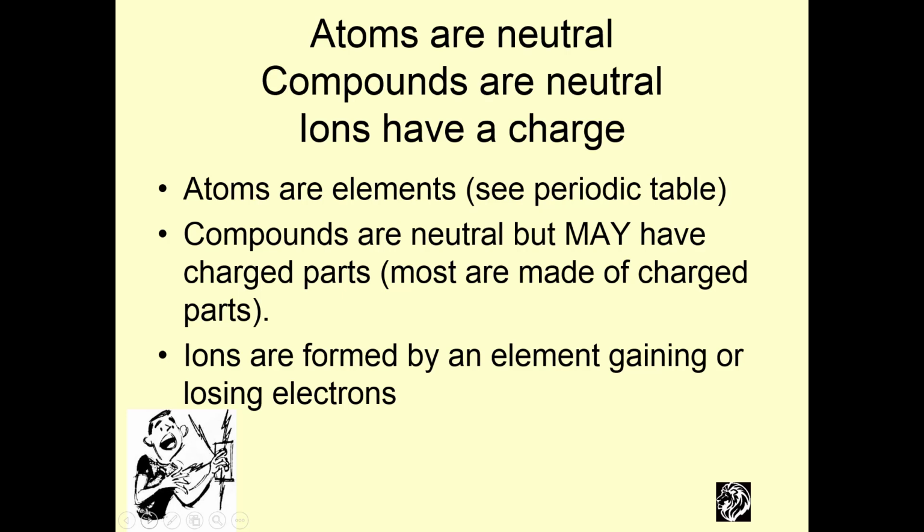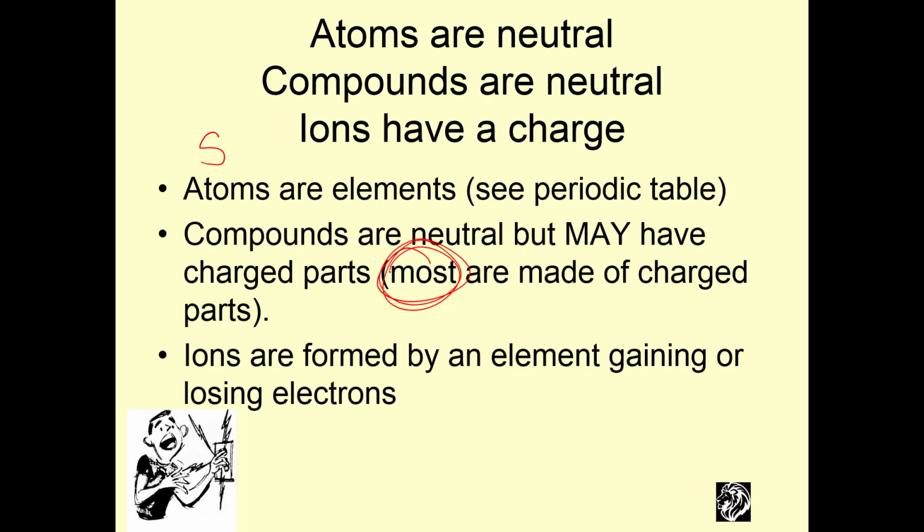Atoms are neutral, compounds are neutral, ions have a charge. Atoms are elements. See the periodic table. So if I say sulfur, there's sulfur. Compounds are neutral but may have charged parts. Most compounds are made out of charged parts. Just so you know, most of them in our class, most all of them, are made of charged parts, but not all of them. Ions are formed by an element gaining or losing electrons.